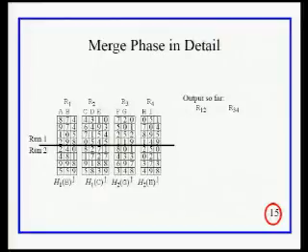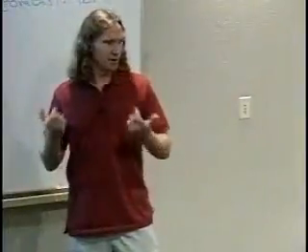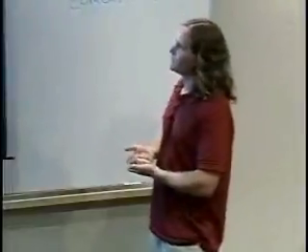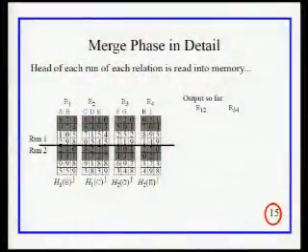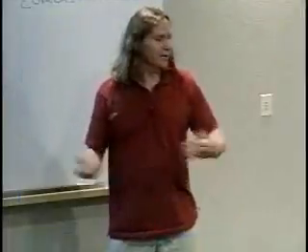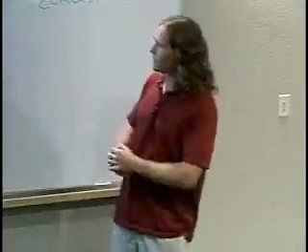Okay, the merge phase in detail. It's really just something like the merge phase of a couple of concurrent sort merge joins. We have these things sorted into runs, so what do we do? You load the head of each run from every input relation into memory, just like in a sort merge join, and store them in an appropriate in-memory data structure like a priority queue.